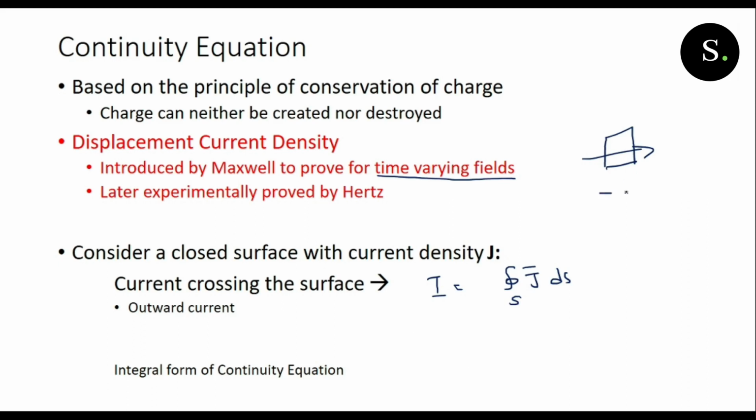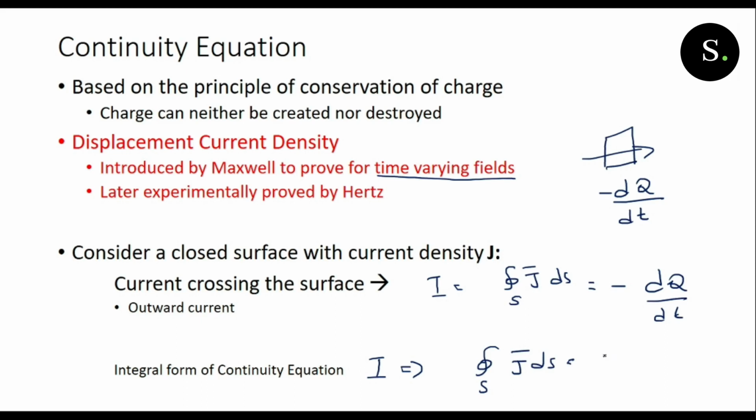The outward flowing depletion of charge is represented by minus dq by dt. So the outward current is going to be minus dq by dt. This expression, that current I, the closed surface integral of J, is equal to the negative rate of change of charge, is what we refer to as the integral form of the continuity equation.